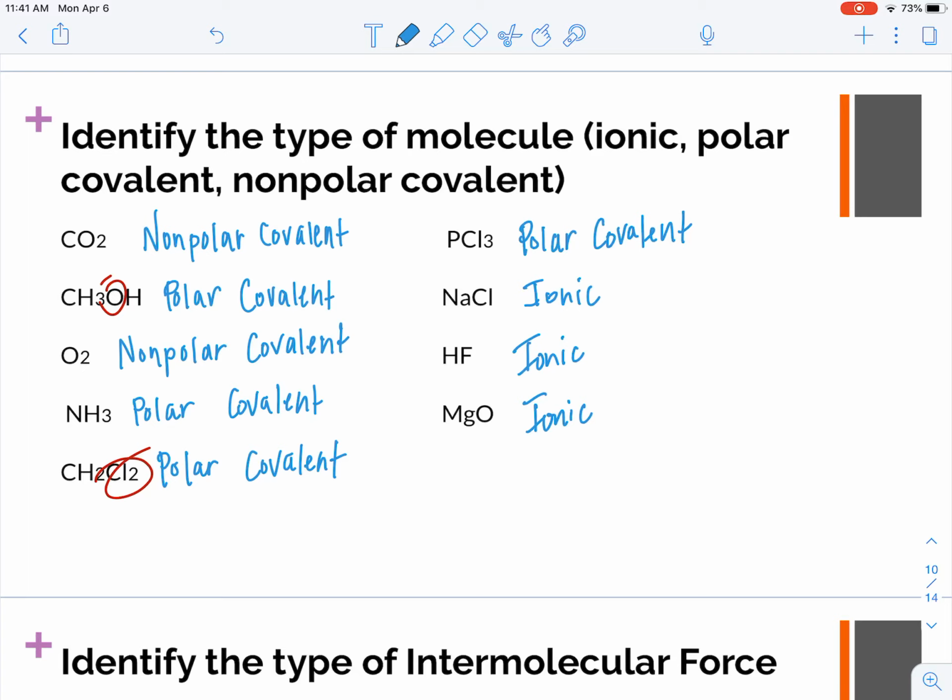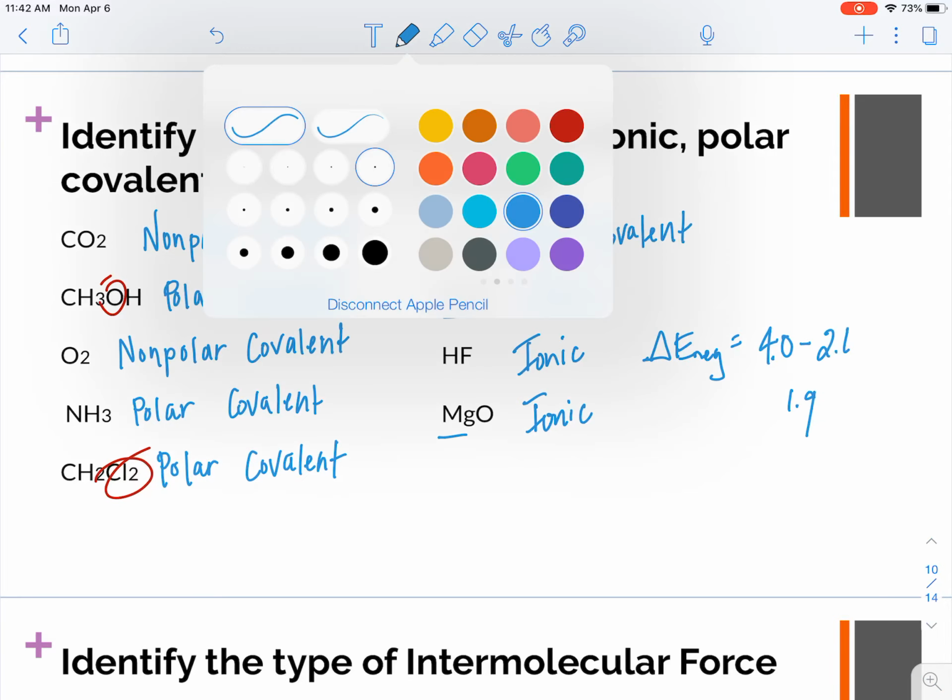If you look at your electronegativity chart, hydrogen, even though it's a nonmetal, has an electronegativity of 2.1, and fluorine is 4. Take the difference. You've got an electronegativity difference of 1.9. So that's classified as ionic. Sodium chloride and magnesium oxide are also both ionic, obviously between a metal and a nonmetal.